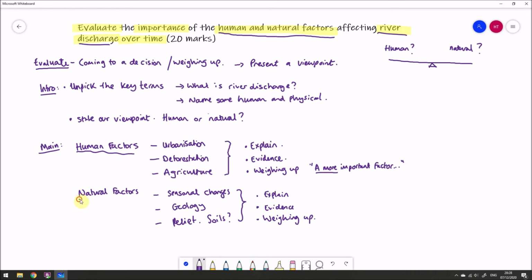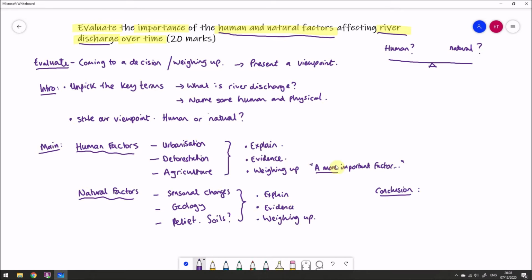Now, it's also important that you are coming to a conclusion at the end of your answer as well. So the last thing that's going to be included is going to be a conclusion. Now your conclusion should be a summary of the key ideas. It doesn't need to be a repeat of the key ideas.